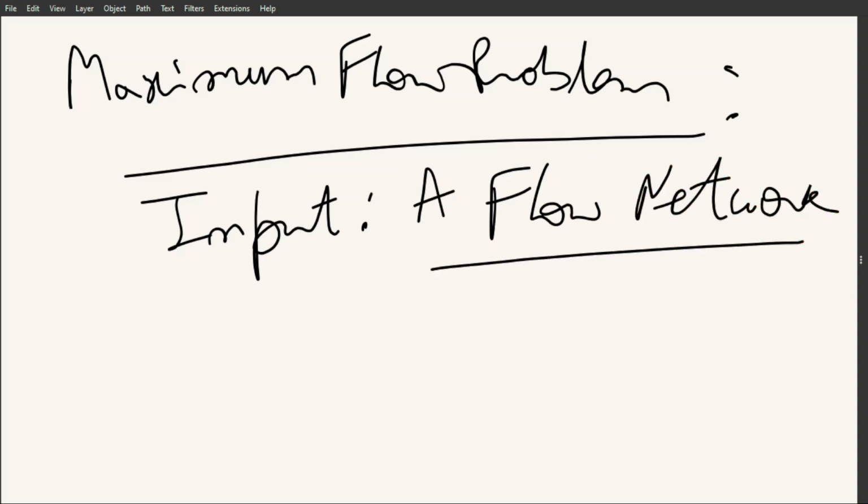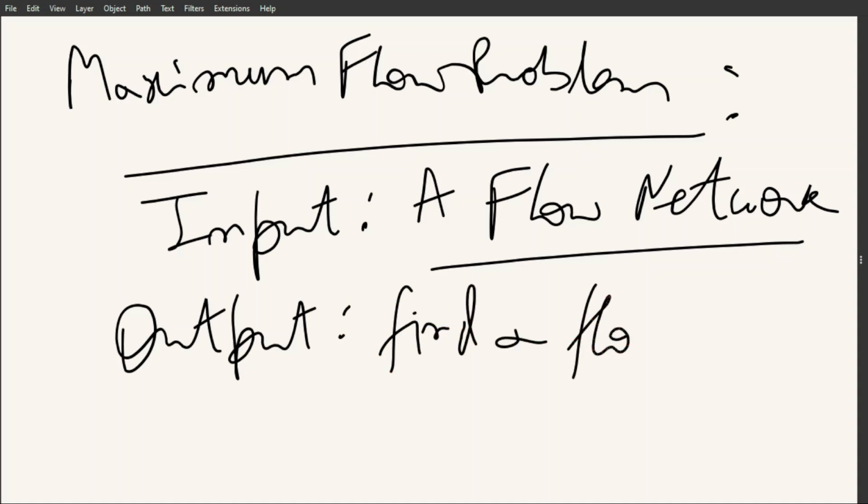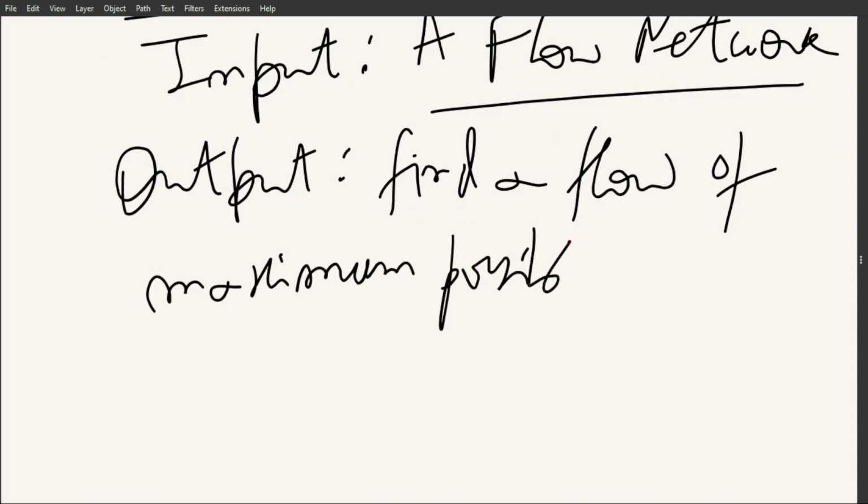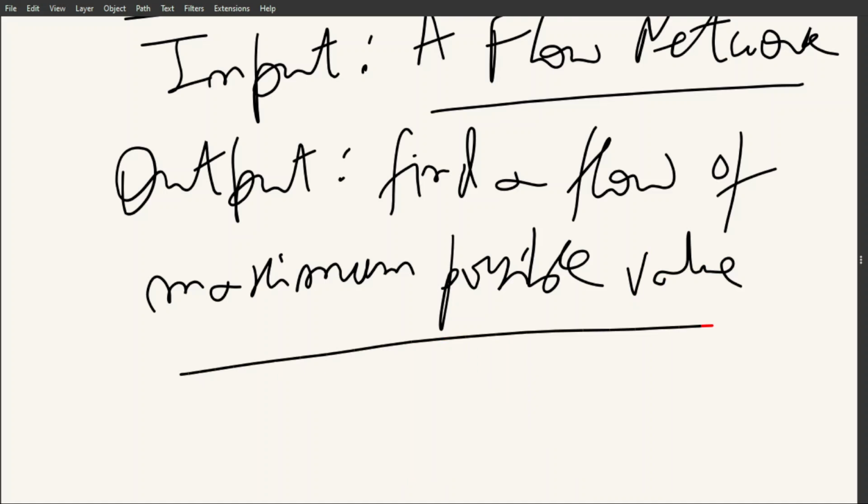Flow network means, as we defined earlier, a directed graph with a set of capacities. So this is the input. Output: find a maximum flow, find a flow of maximum possible value. This is the maximum flow problem. Given a flow network, find a flow of maximum possible value.